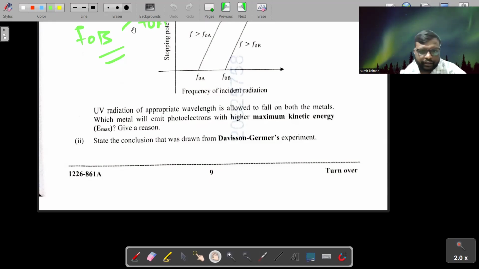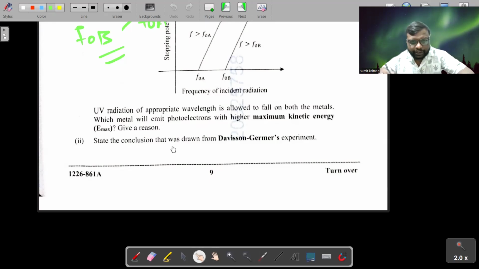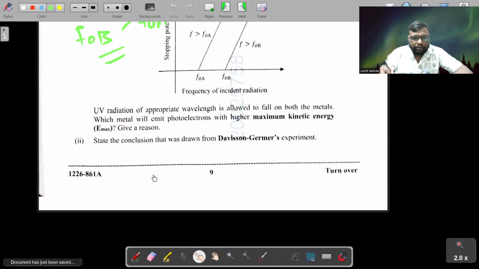So students, in the next problem, you have to state the conclusion that was drawn from the Davisson-Germer experiment.